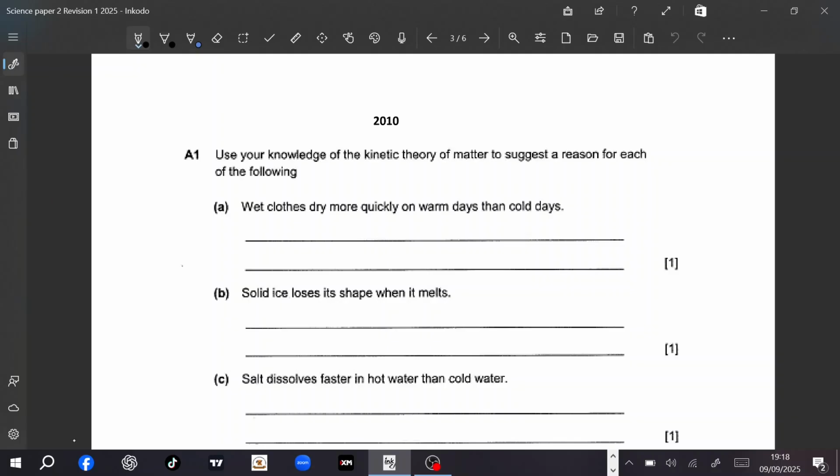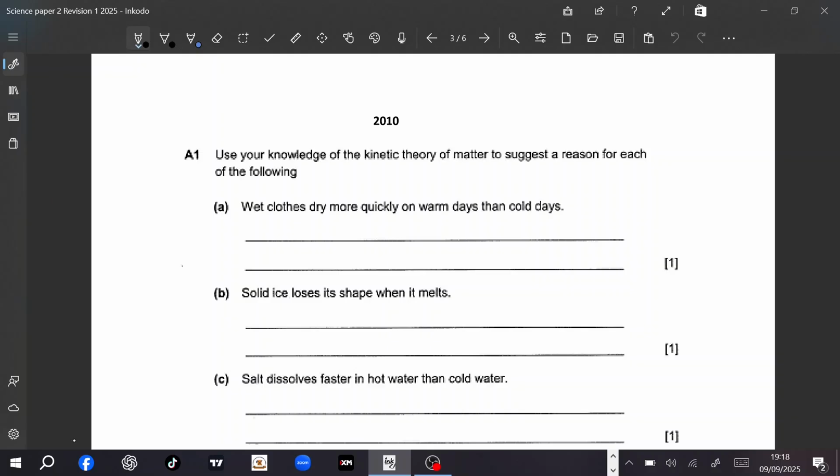Like when you wash clothes, on warm days, especially days in October or summer season, clothes would dry faster. What could be the reason? So the reason is that during a warm day, what causes a day to be warm? There's more heat, right?